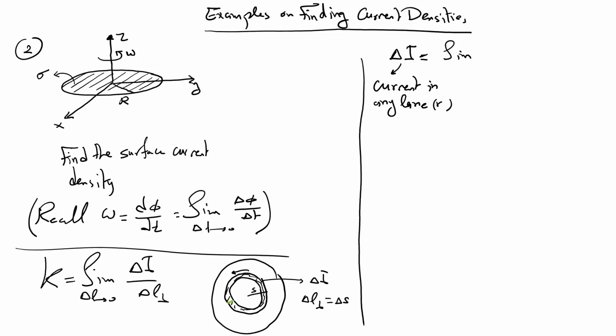So how do we find the current within any of these lanes? In general, it's the amount of charge divided by how long this charge takes to cross a certain point or certain area, as delta t tends to 0. So how can we write this delta q in terms of the information that we are given?